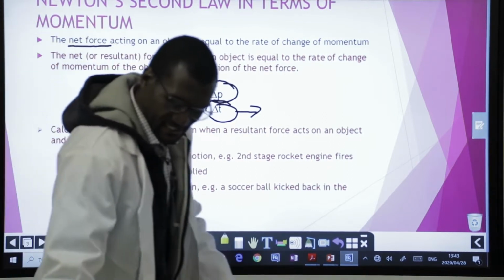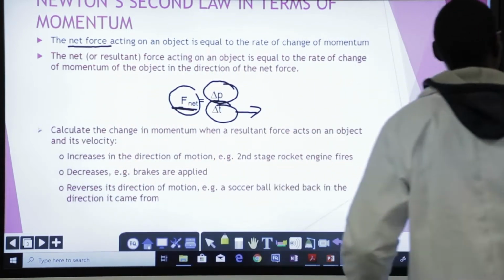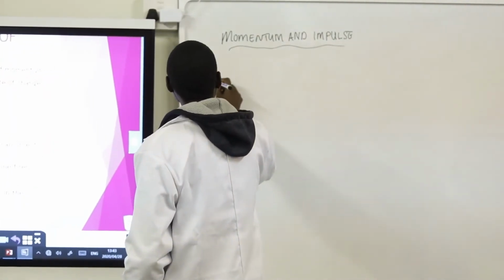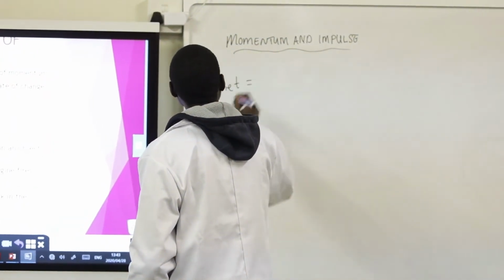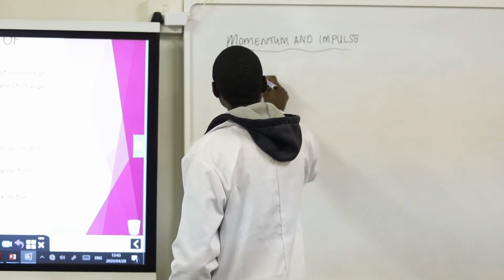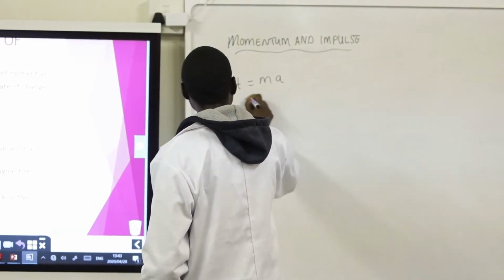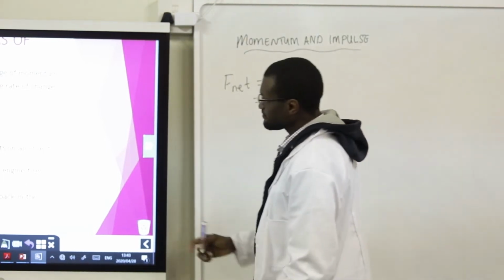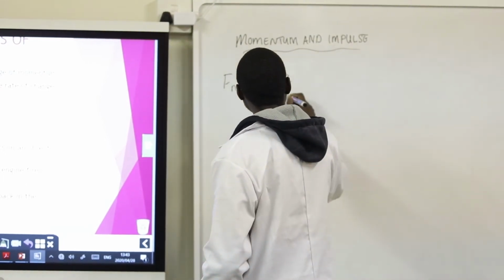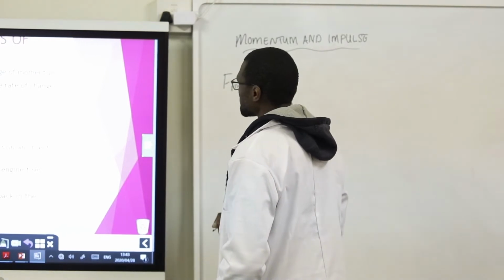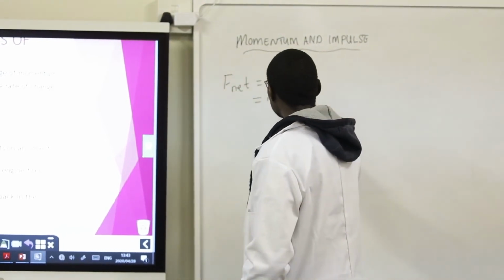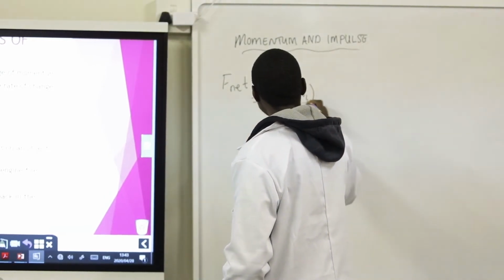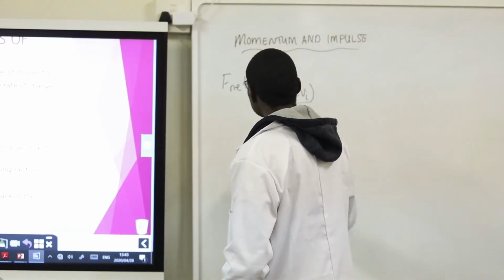Well, let's break it down a little. This is a very interesting one. If we look at F net according to Newton's second law, it's equal to mass times acceleration. Basically, mass is just m, and acceleration is v final minus v initial divided by change in time.